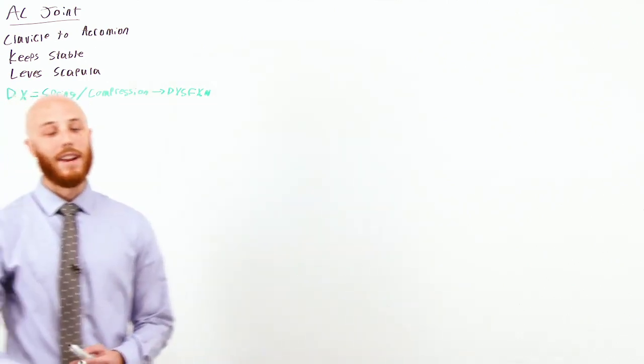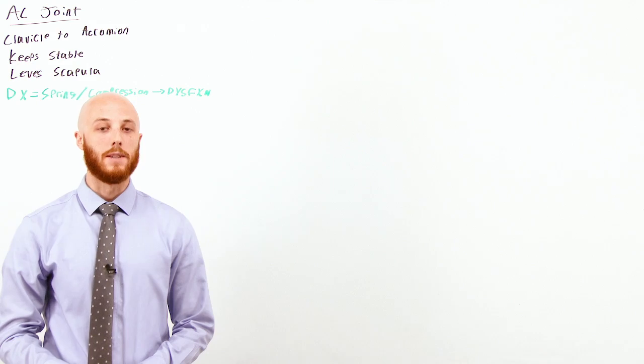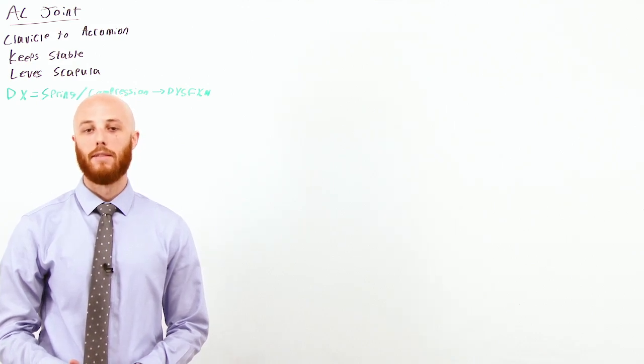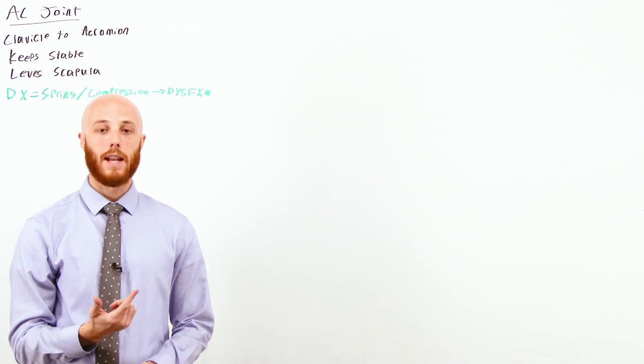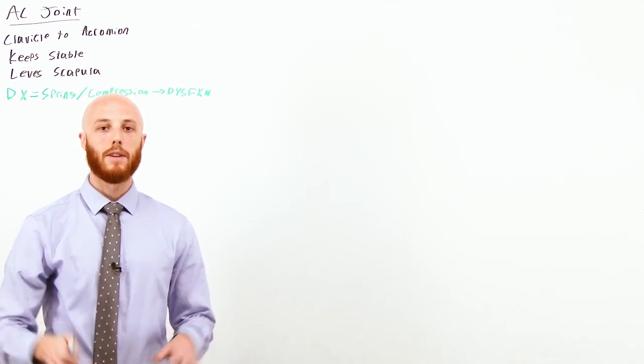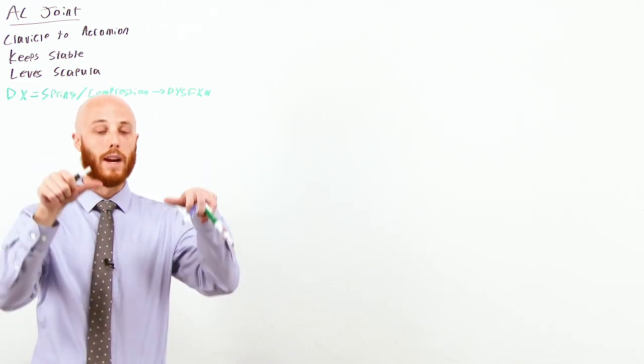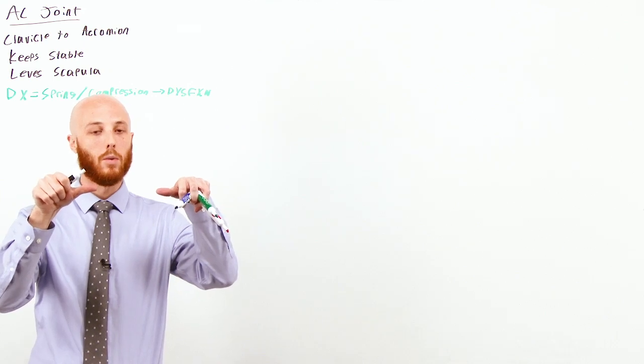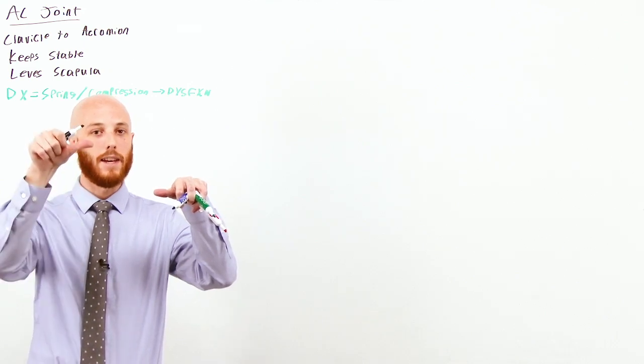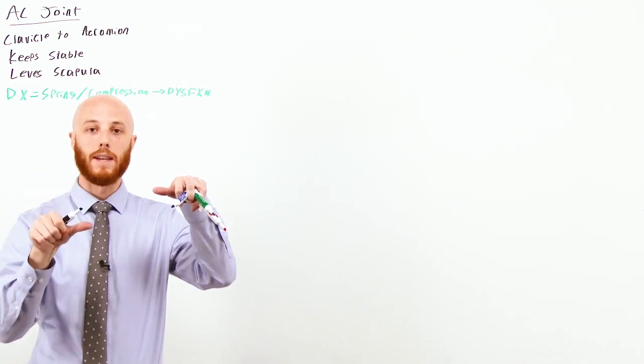Once you have that, the next thing that you're going to have to do is measure the spines of the scapula. So you're going to go around to the posterior side of the patient and you're going to take both of your thumbs and measure which spine of the scapula is where. For a dysfunction, one of the spines of the scapula may be elevated and one may be depressed.